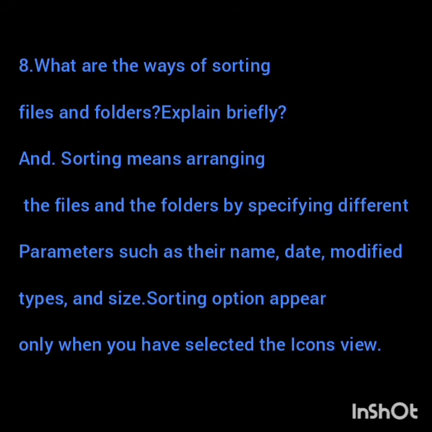What are the ways of sorting files and folders? Explain briefly. Answer. Sorting means arranging the files and folders by specifying different parameters such as their names, dates modified, types, and size. Sorting options appear only when you have selected the icon view.